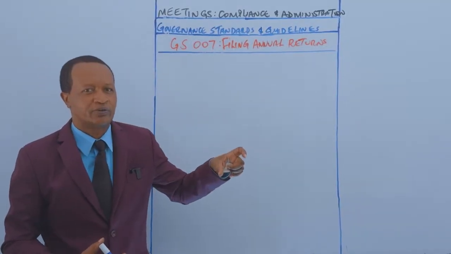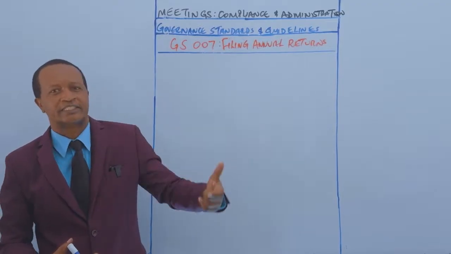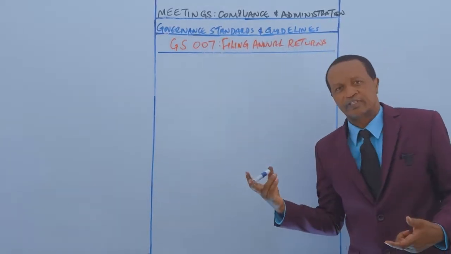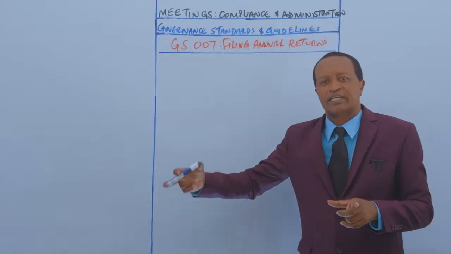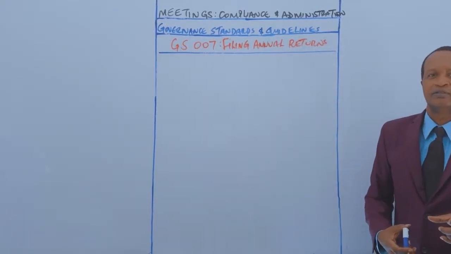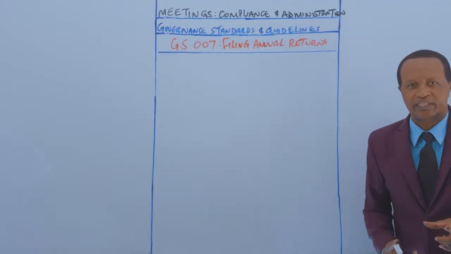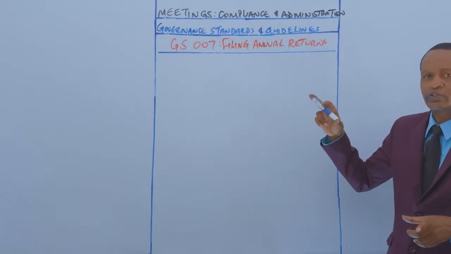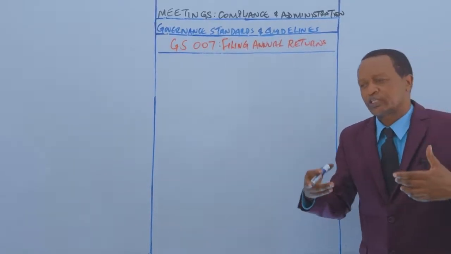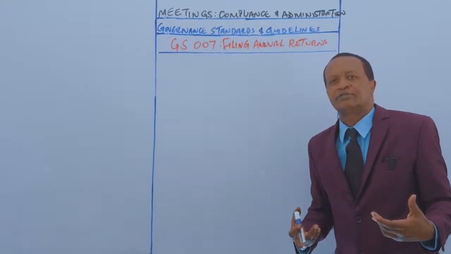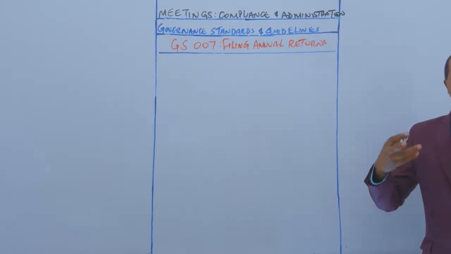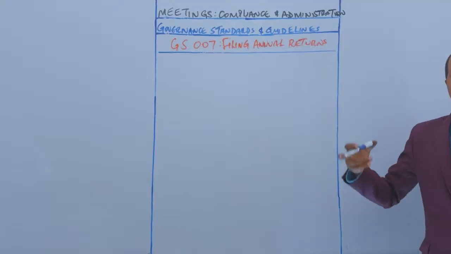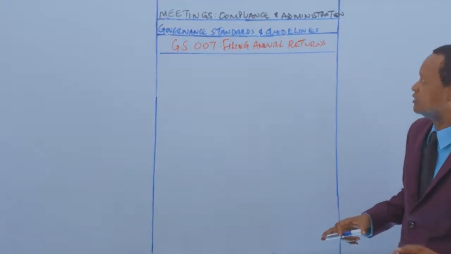Many mistake an annual return for tax returns, but GS 007 focuses on statutory compliance. That means confirming that the company's structural details, like directors, shareholders, and their addresses with the government register, are accurate.